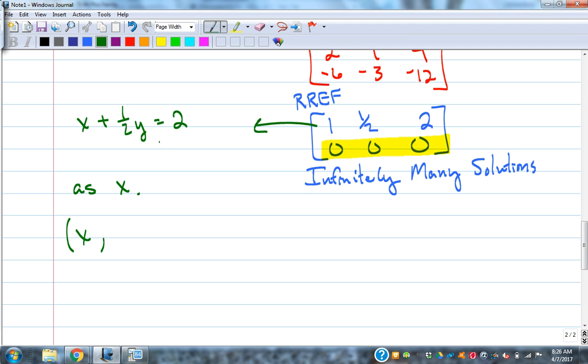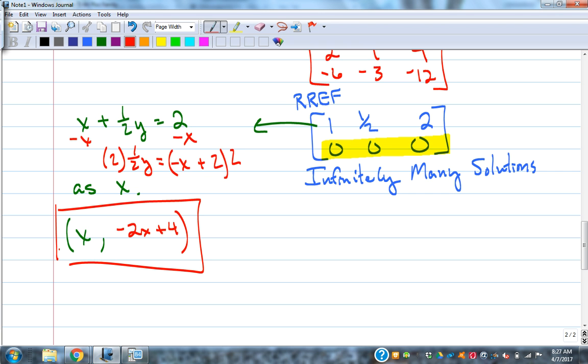So I would subtract x: 1/2 y equals negative x plus 2, multiply everybody by 2. So I'd get negative 2x plus 4. That would be my ordered pair if it asked me to write them in terms of x. You've got x as itself and then y written as something with an x in it.